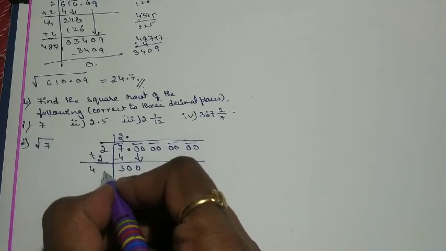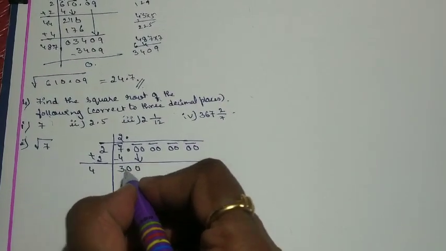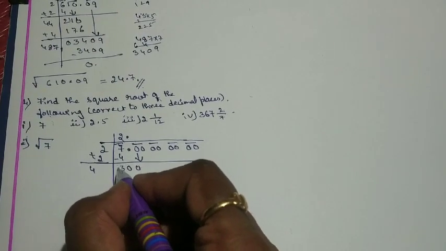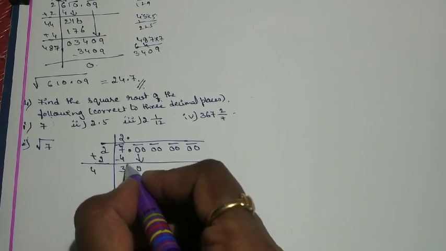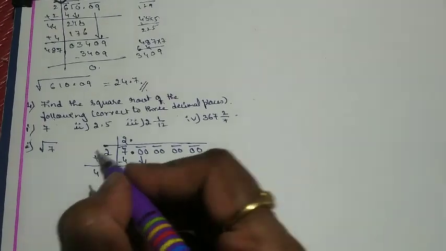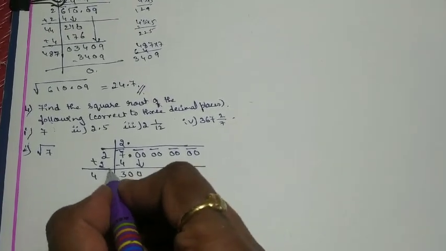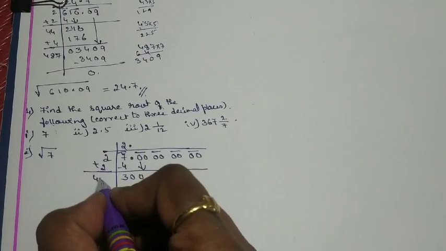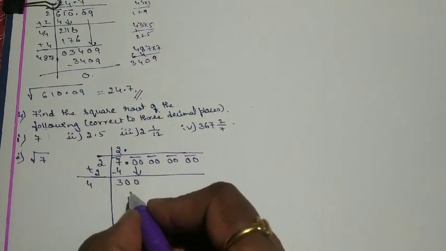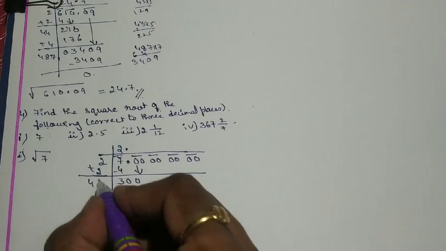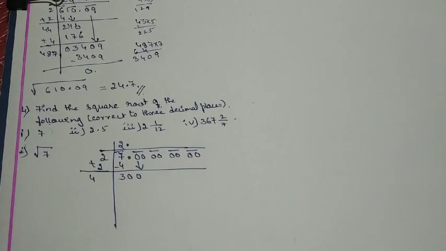If I write any one digit here, it makes tens place, and this is in hundreds place. So if I club with 10 and 100, you will get 30 here, right? So 4 1s are 4, 4 2s are 8, 4 3s are 12, 4 4s are 16, 4 5s are 20, 4 6 24, 4 7s 28, means I need to check for 7. So it becomes 329. If I go for 7, it becomes 329.